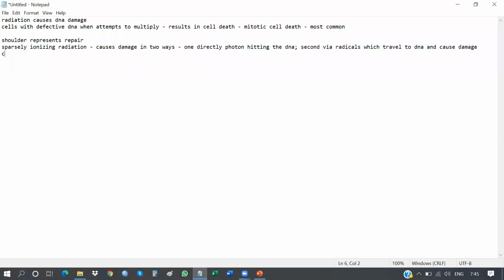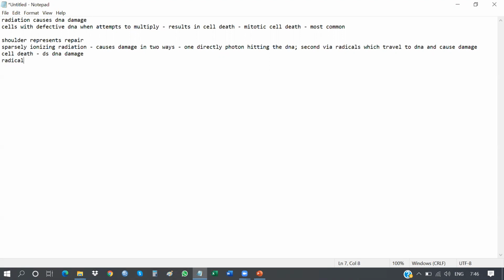And for cell death, you need double strand DNA damage. Okay. The probability of directly hitting is much less compared to the probability via radicals.